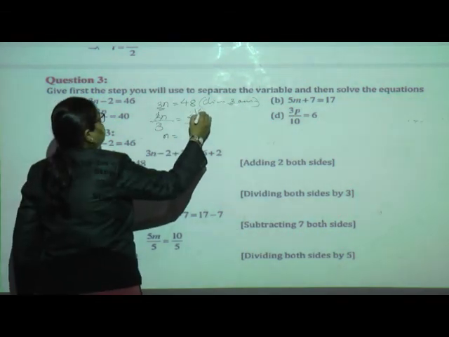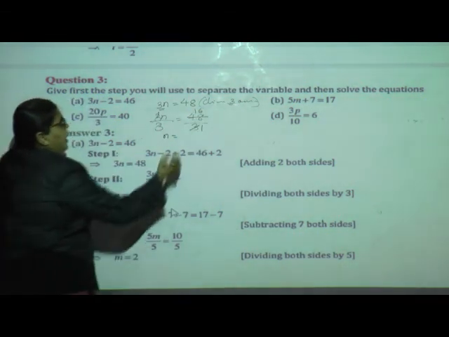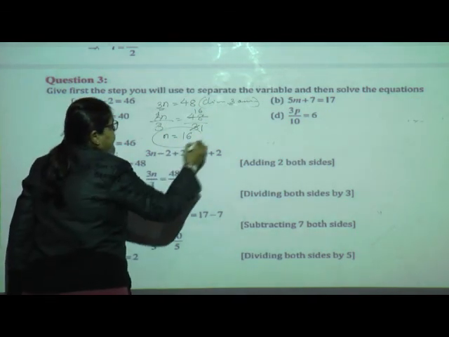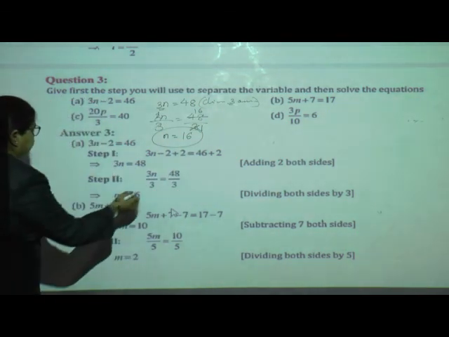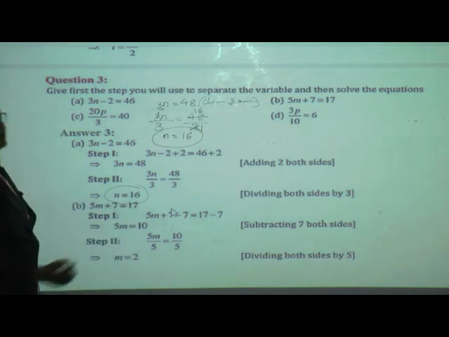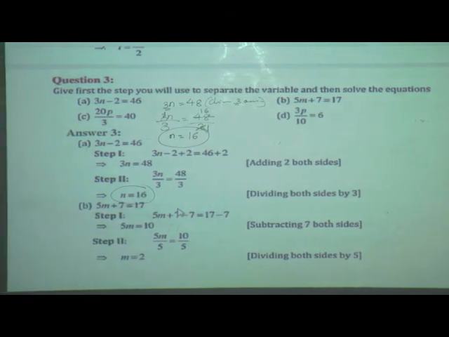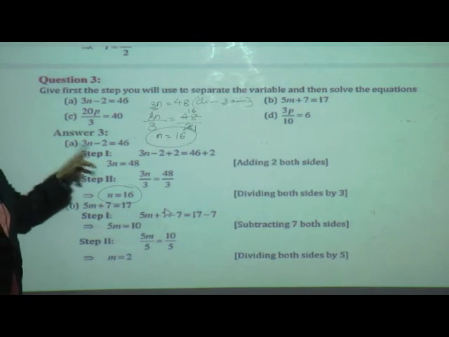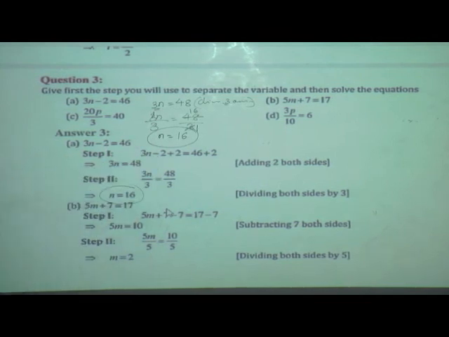This n is equal to 16 and that n is equal to 16, both are the same. So here we can go for different steps, but the answer will remain the same.